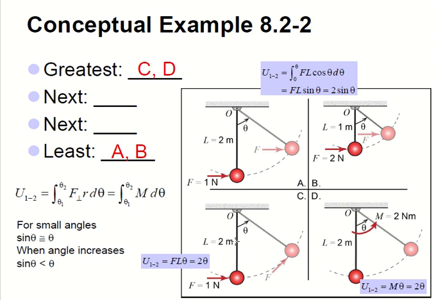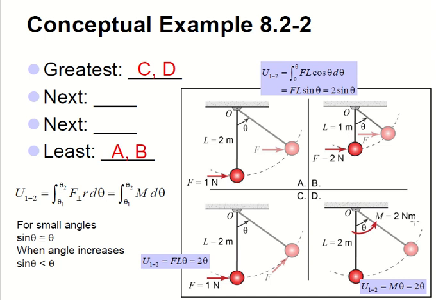Then you'll see you have 2 meter, the distance of L, and 1 Newton force. And for D, you have 2 meter, and moment is given to you, that is 2 Newton meter. So the only difference between C and D is that in one, work is defined in terms of force, and in the other, work is defined in terms of moment.